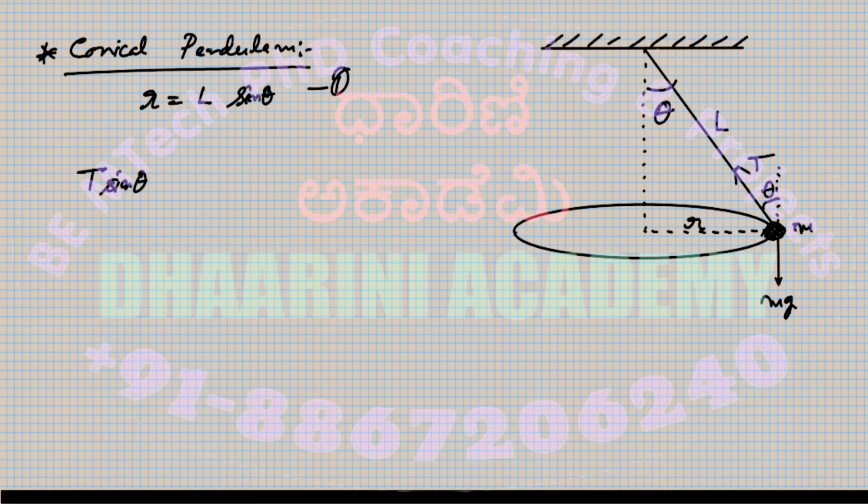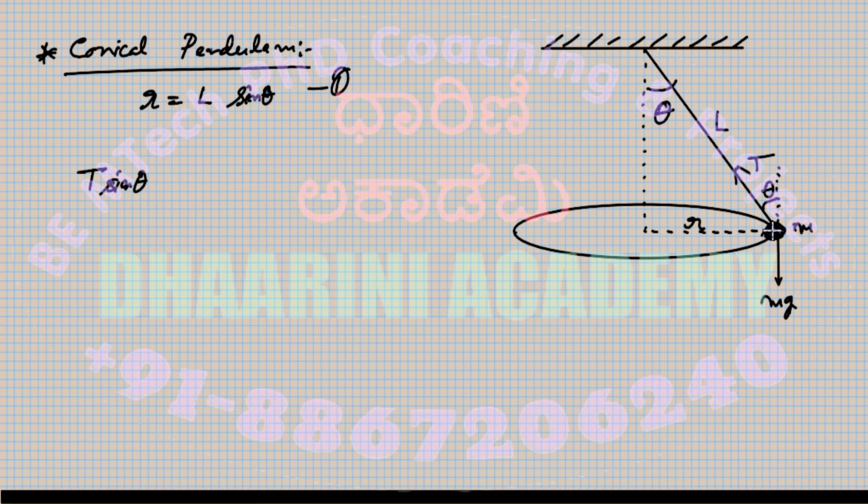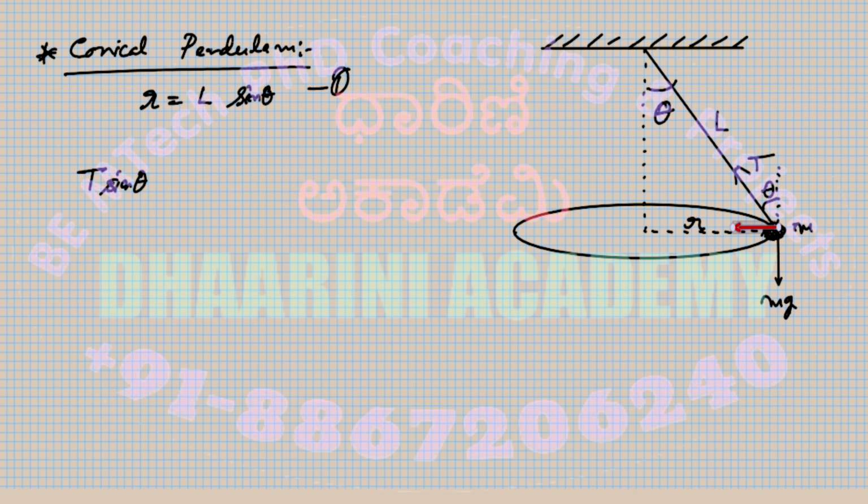So I can change the color. The T is like that. So what is the T sine theta? T sine theta is this one, the red colored arrow mark that you see. That's to the left, so that has to be compensated by the net force in the radial direction.